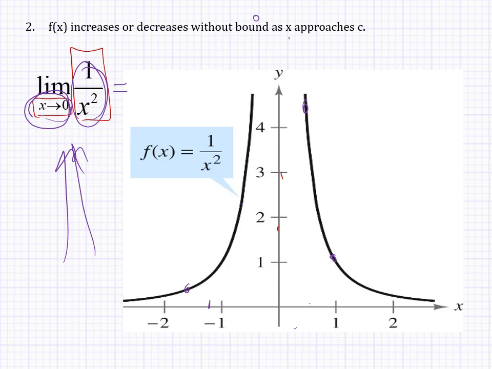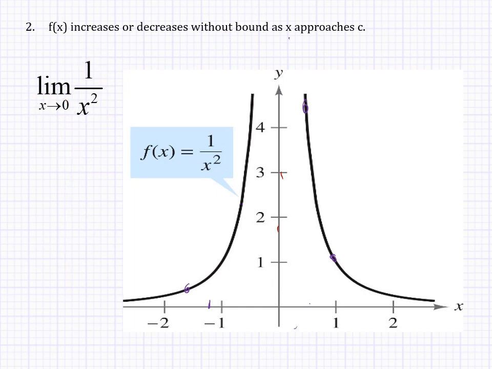Hopefully we'll clear this up a little bit better. Let me erase some of this out. And so let's say I gave you a function. Okay, so let's say I had a vertical asymptote at, I don't know, 3. And let's say on this side, my graph went like that, and on this side, my graph went like that.